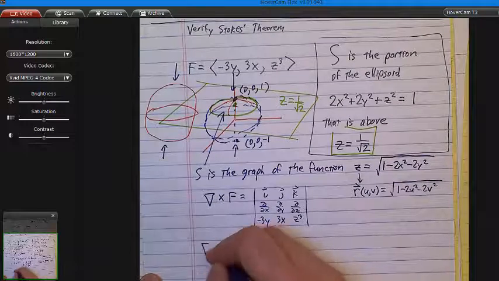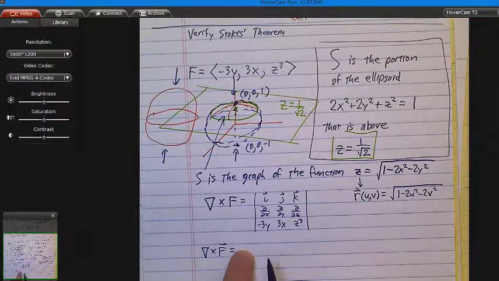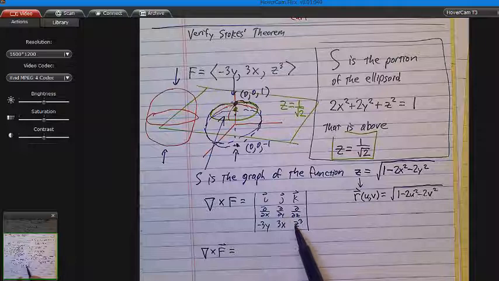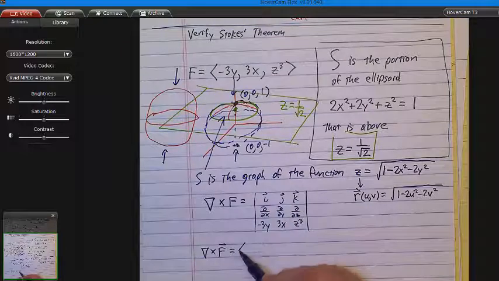All right, so let's see what that ends up equaling. The curl is, okay, when I take i, I'm taking the partial in y of z cubed and the partial in z of 3x. This is a nice problem.